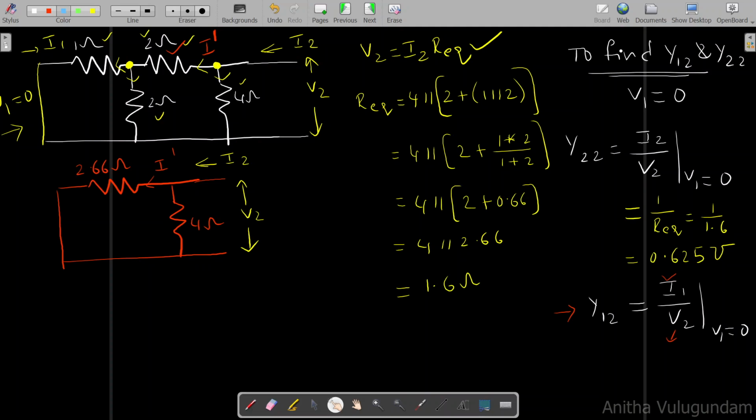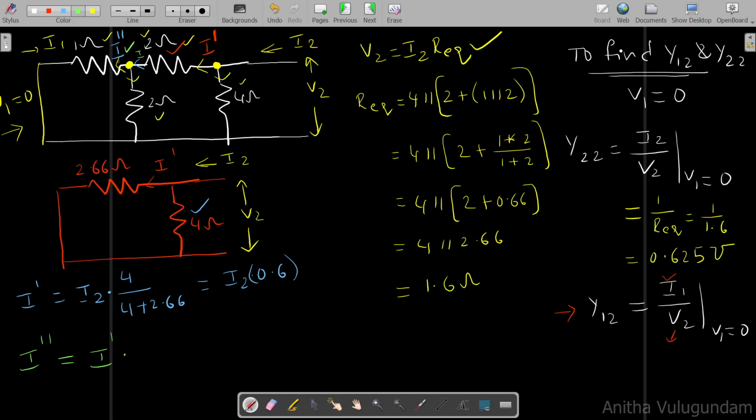So using the current divider rule, I can find I dash equal to total current I2 into opposite branch resistance 4 divided by total resistance 4 plus 2.66. So I'll get this as I2 into 0.6. I dash equal to I2 into 0.6. This I dash again gets divided here as I double dash and some other current. Look here carefully, I double dash using current divider, total current here is I dash for us.